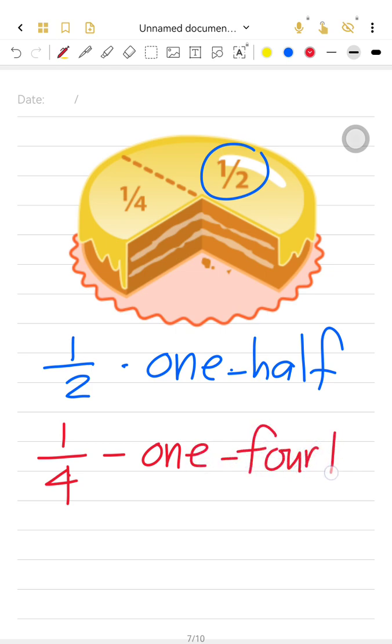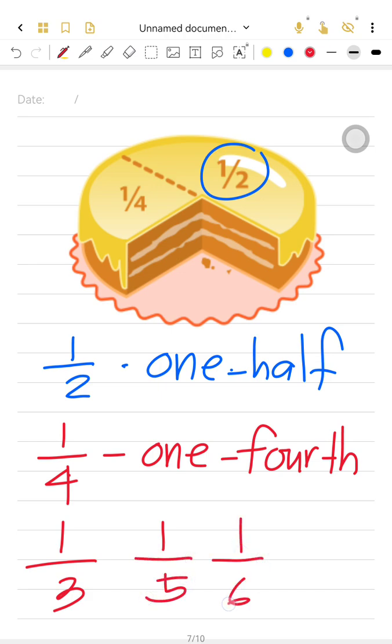So these are examples of a fraction. You can also have 1 over 3 or 1/3, 1 over 5 or 1/5, 1 over 6, 2 over 5, and so on and so forth.